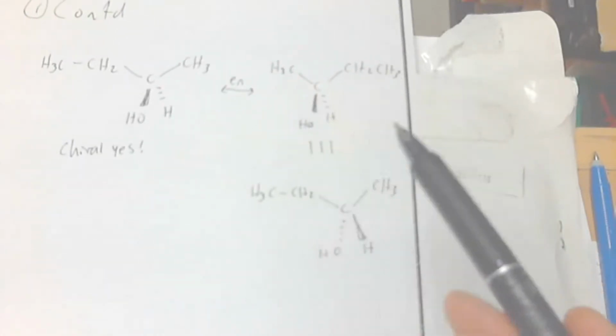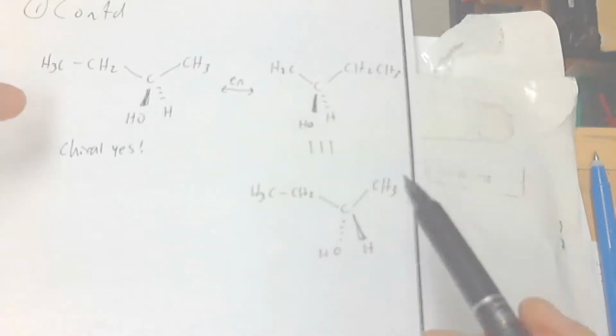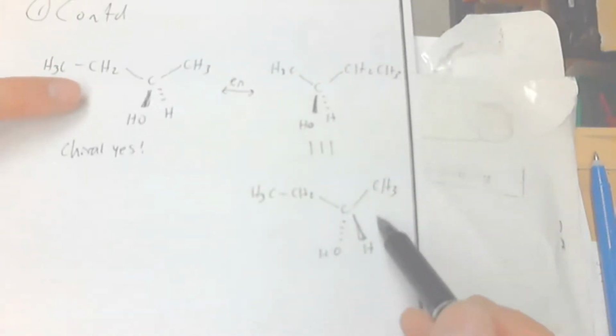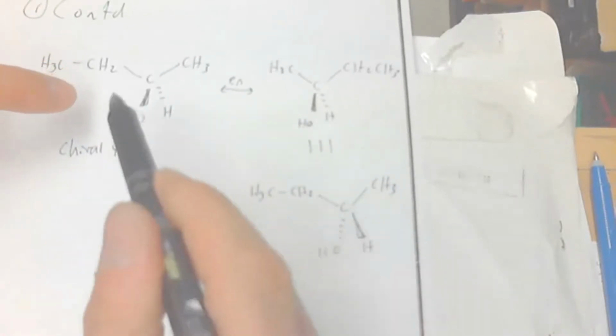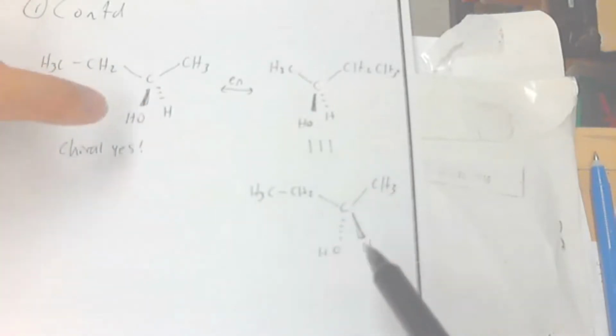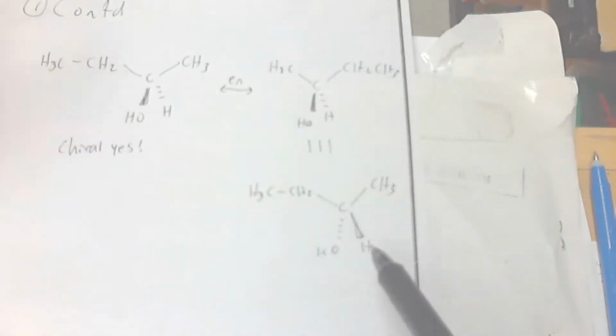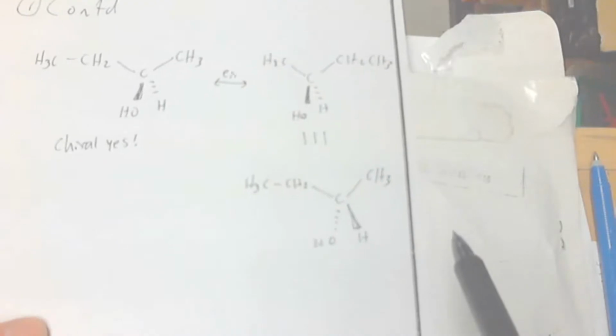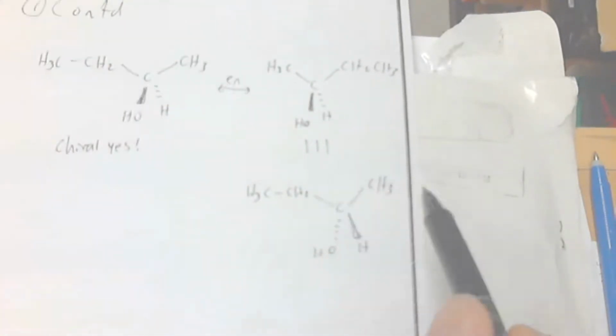You might develop your own opinion over the way you like to draw it. I actually like these two as a great way to show the enantiomeric relationship, because everything's aligned except the hydroxy is towards us versus going away. But this is also an equally valid way to draw the enantiomer.